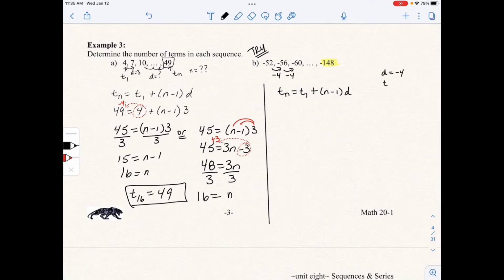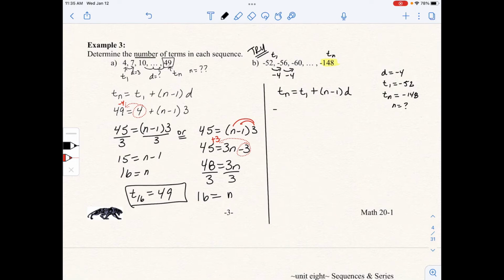We know our first term is a negative 52. There's our term 1. And our last term, or some term number that we don't know, is negative 148. Okay, n is what we don't know. But if we look at this formula here, we can fill out every single thing in here except for n, which is what we're asked to find, the number of terms.